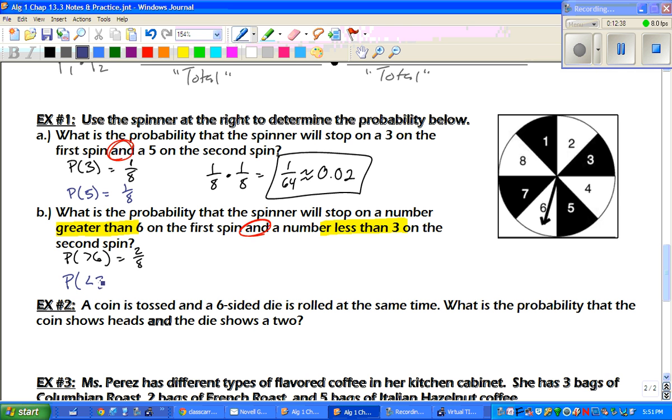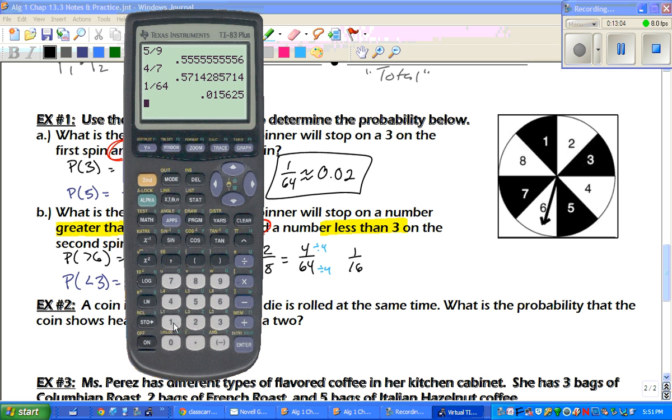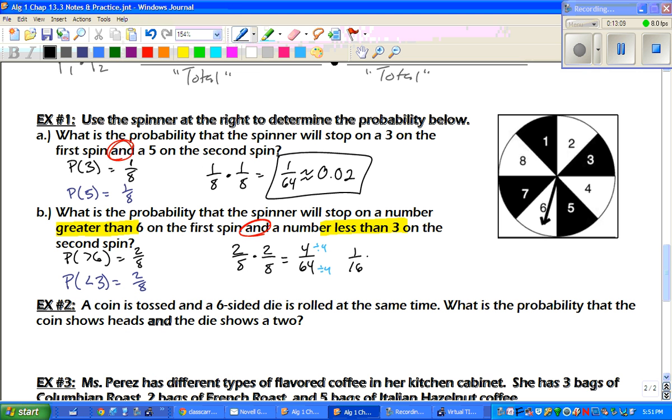Probability of a number that is less than 3 is 2 out of 8. So we multiply both of those numbers. 2 times 2 is 4, and 8 times 8 is 64. Now this one we can actually reduce. If you don't know, you can divide them both by 4 and get 1 out of 16. And when you divide 1 out of 16, you get 0.06.